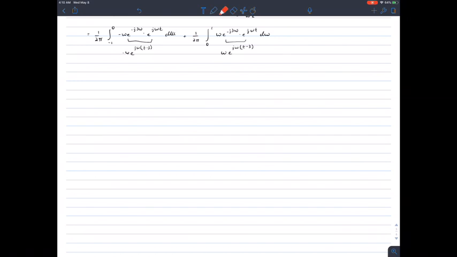Alright, so let's color code this for you. This is going to be red. u is equal to negative omega, du is equal to negative 1. Okay? dv is going to be equal to e to the j omega t minus 3. v is going to be equal to e to the j omega t minus 3, and remember, we're doing with respect to omega, so it's going to be j t minus 3 on the bottom here. Okay, that is an ugly line.